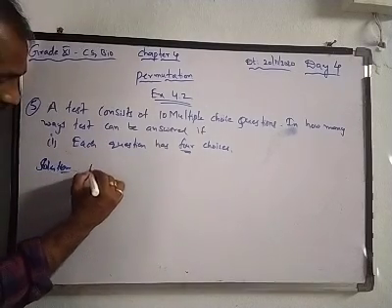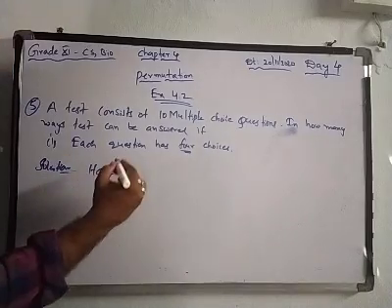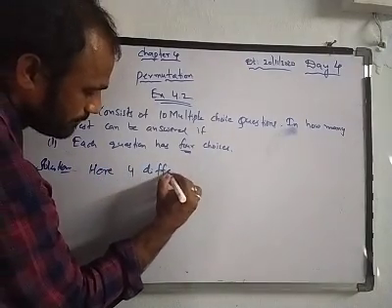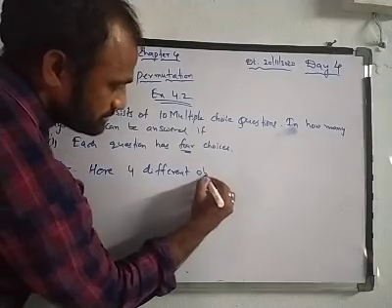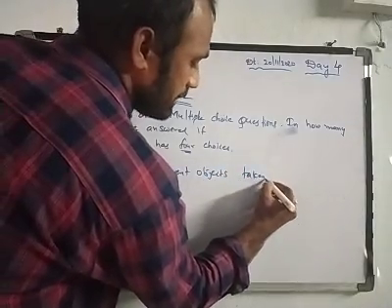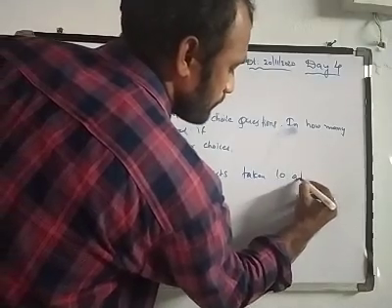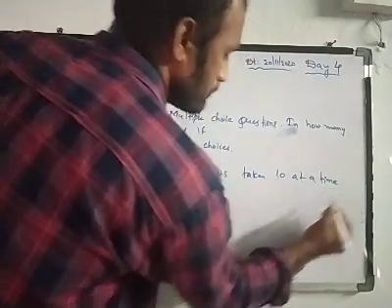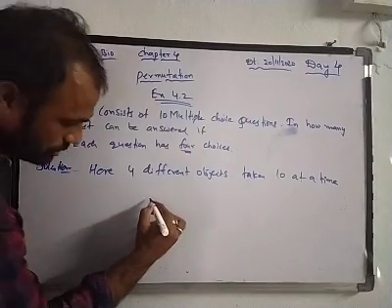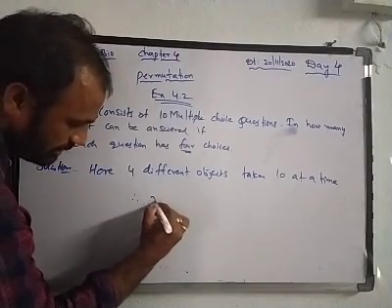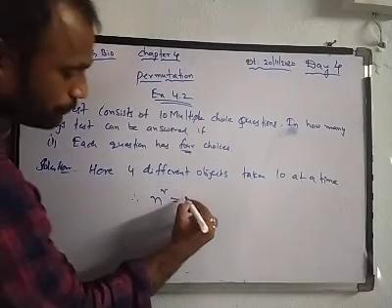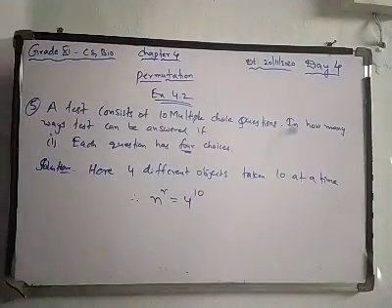So that is here 4 different objects taken 10 at a time, where repetition is allowed. So the formula is n power r, that is 4 power 10.